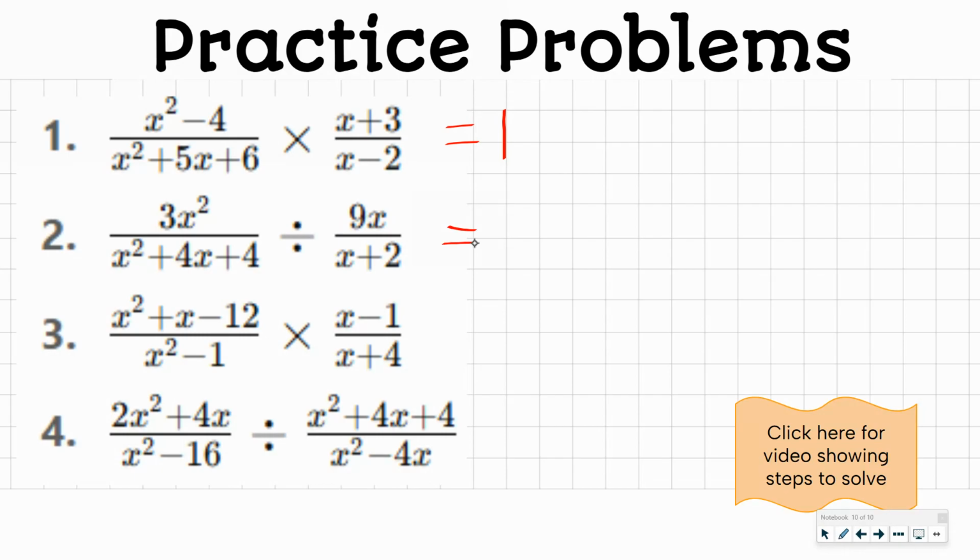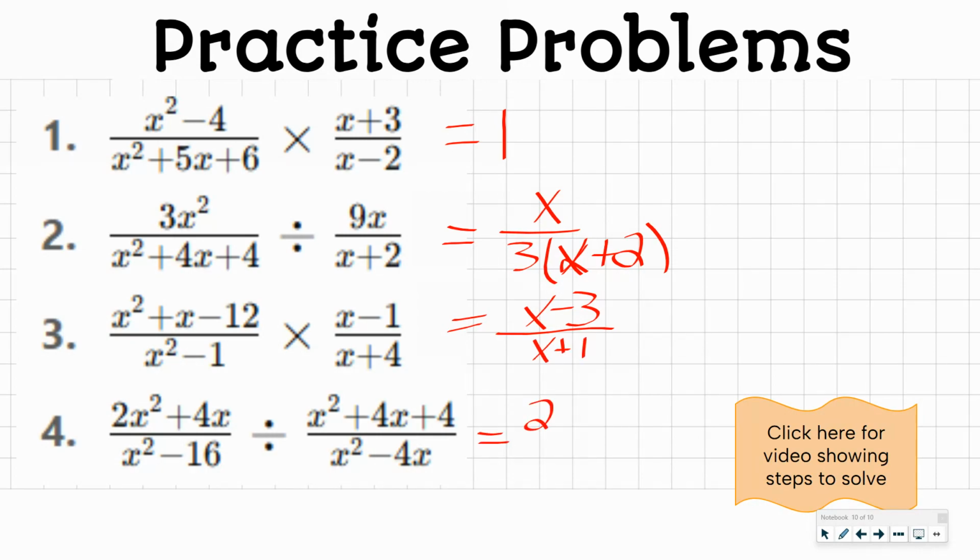This second one is going to equal x over 3 times x plus 2. This third one is going to be x minus 3 over x plus 1. And the last one is going to be 2x squared over x plus 4 times x plus 2.